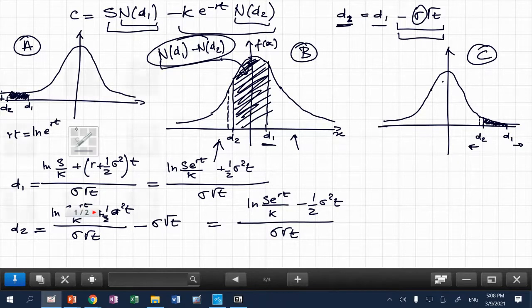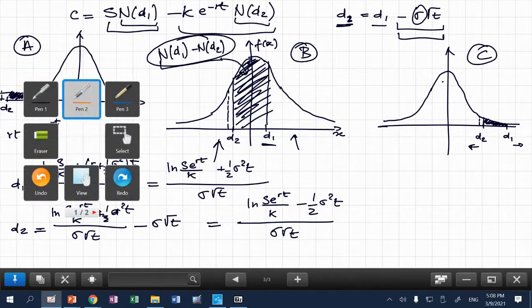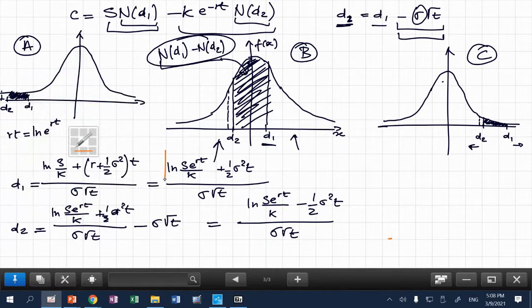Now, if you look at this formulation of D1 and D2, you can see pretty easily that the case in which D1 and D2 are perfectly symmetric around zero is the case in which this natural log is equal to 0, okay?